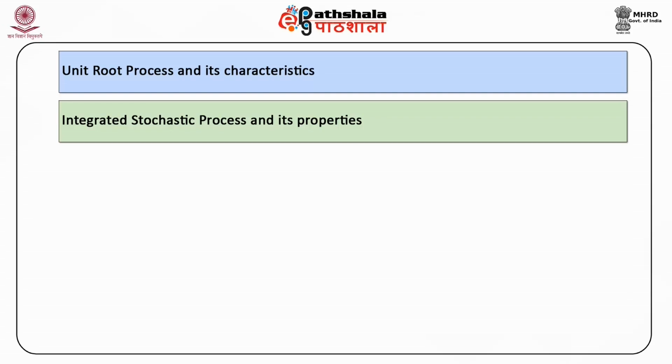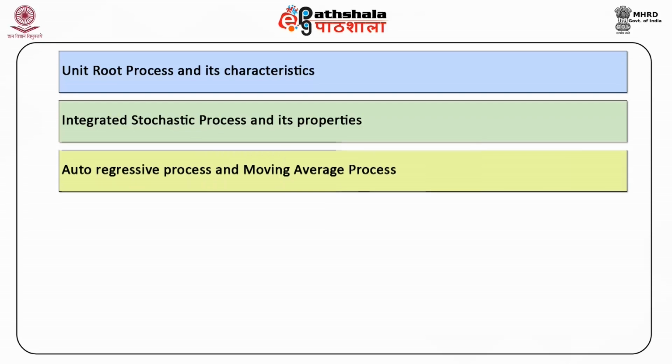Thus, we know that any series is said to be integrated of order d if the dth difference is a white noise term. Third, the autoregressive processes are the ones which contain the lagged values of the endogenous or the dependent variable, whereas a moving average process is the one which contains the lagged values of the error term, and thus a regression is carried out on them.